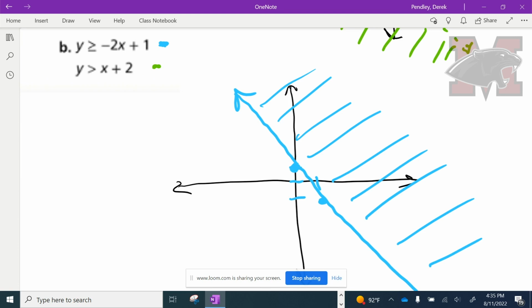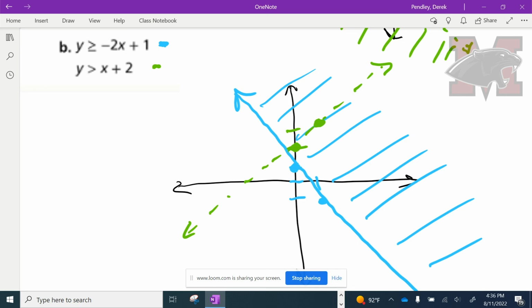Now go into my green line. I'm going to go up 2. I put a line, and my slope is up 1 over 1. And I have not a solid line, but a dotted line, because it's not equal to, therefore any point on that line is not a solution.